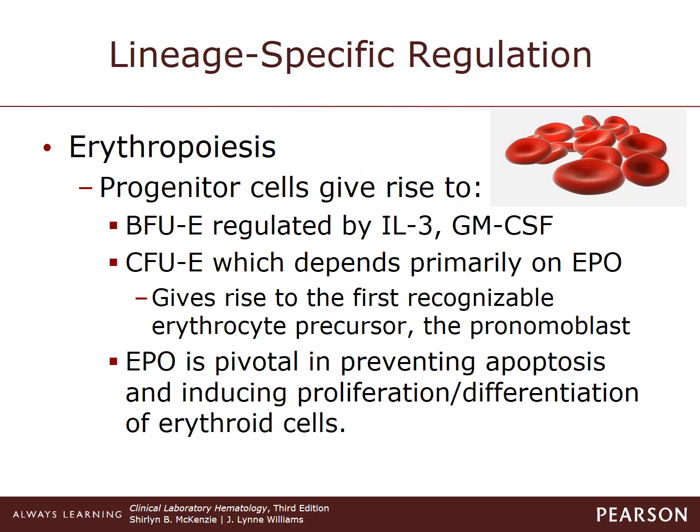So erythropoiesis, or the production of red blood cells, comes from its progenitor that gives rise to a burst-forming unit specific to erythrocytes and a colony-forming unit specific to erythrocytes that depend on the hormone erythropoietin, or EPO. Now, this gives rise to the first recognizable maturing red blood cell.